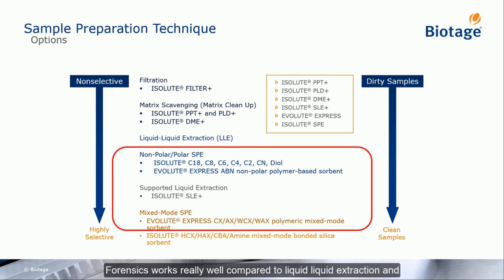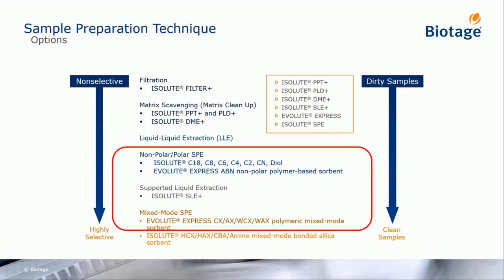Forensics works really well compared to liquid-liquid extraction. And then you have the higher selectivity mixed mode SPE options, Evolute Express, the CX, AX, strong and weak anion and cation exchanges, and that's both on silica or polymeric. So we will talk a little bit about some of these options.